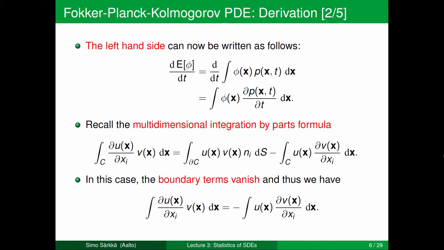And in our case, because C is infinite, the boundary term vanishes, and we actually have this kind of integration by parts formula. The integral of the partial derivative of u with respect to xi times v of x dx is equal to minus the integral of u of x times the partial derivative of v with respect to xi dx. So we just exchange the differentiation from u to v and put minus in front.